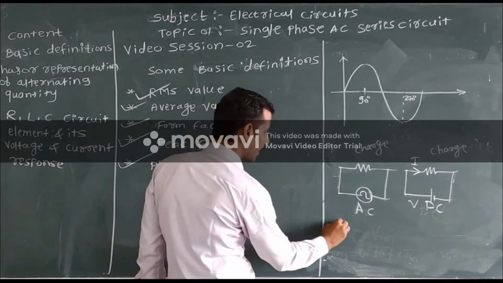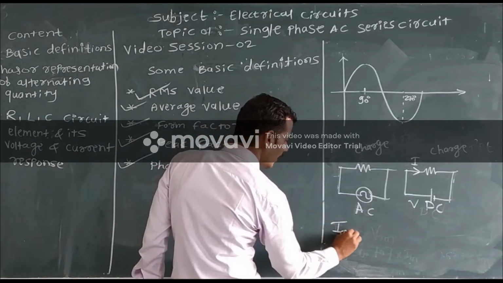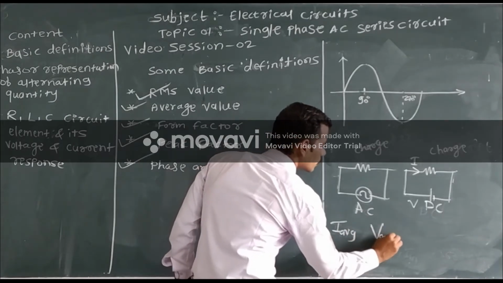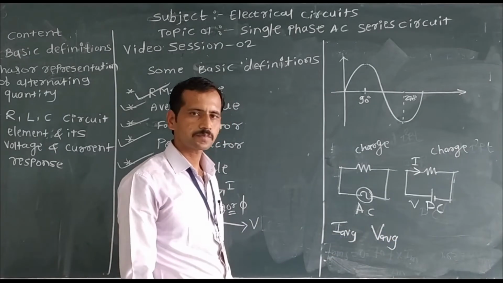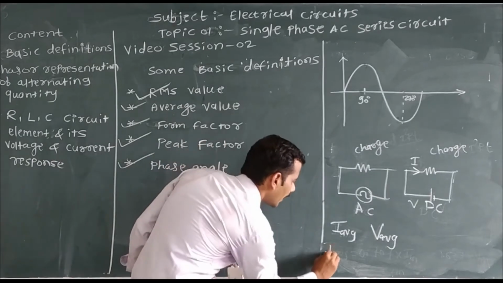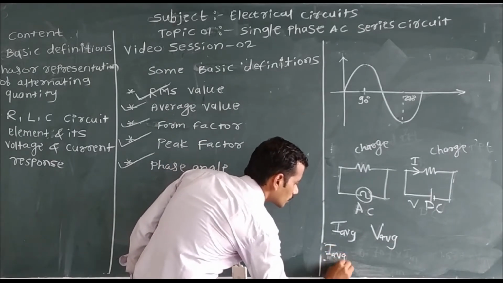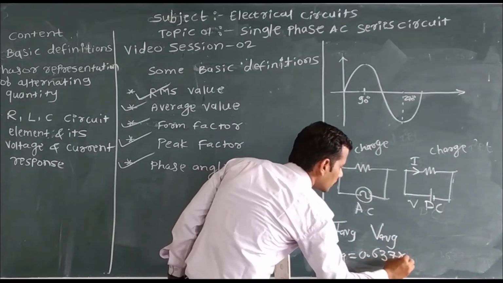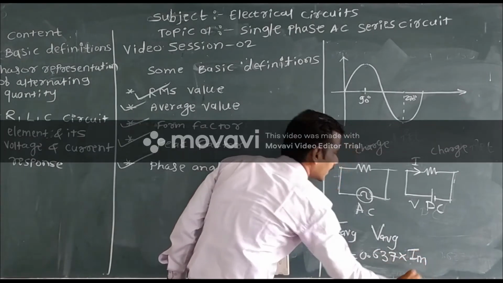It is denoted by I average for current and V average for voltage, and it is given by I average equal to 0.637 into maximum value, that is IM.